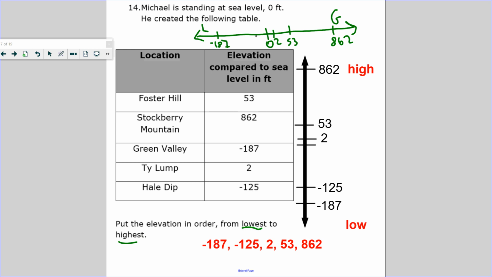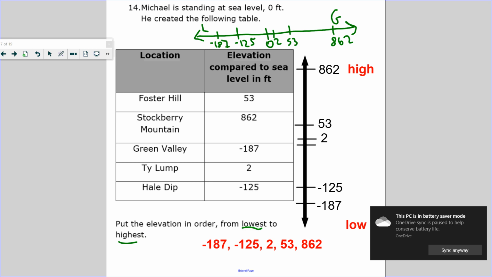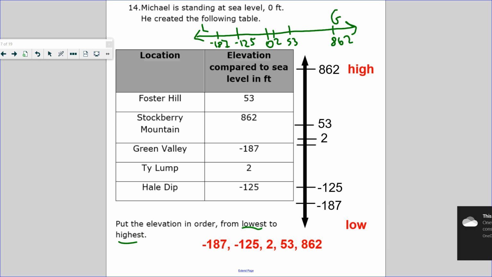So I go back 125, so it'll be somewhere right here, because negative 187 is less than negative 125. It says put it from lowest, least, to highest, or greatest. So negative 187, negative 125, 253, and 862.